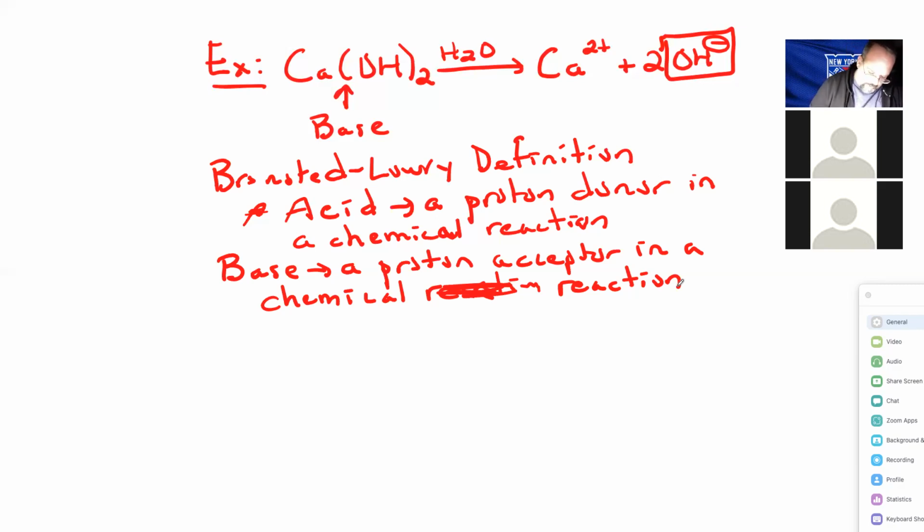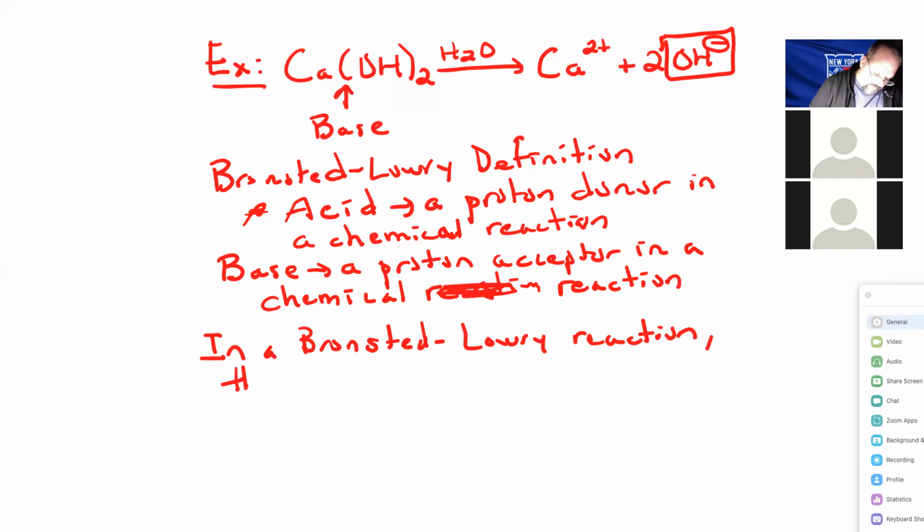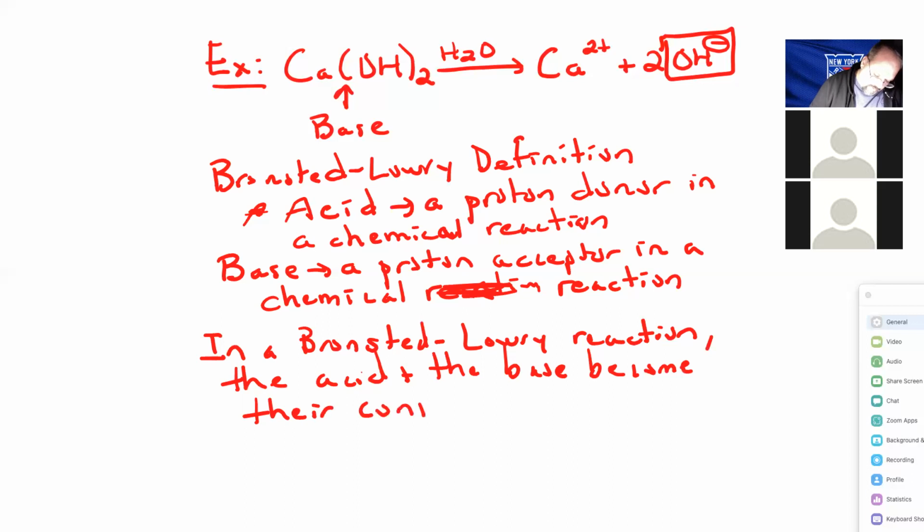Essentially, in a Bronsted-Lowry reaction, the acid and the base become their conjugates.